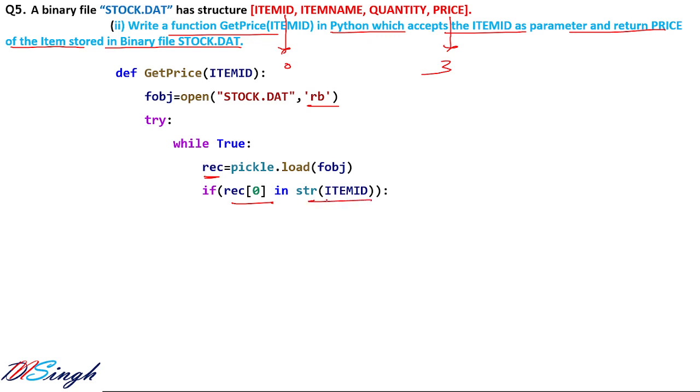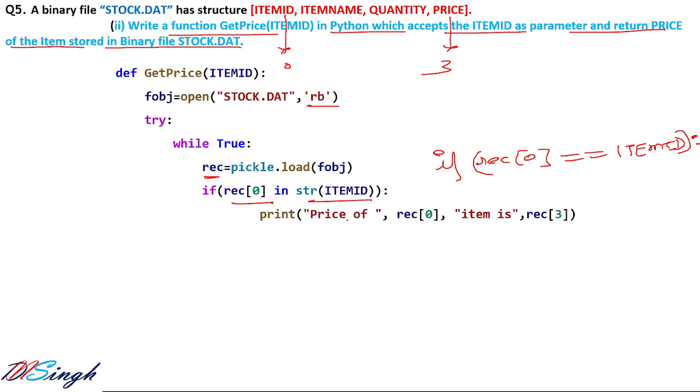They have converted it into a string, no issue, and you can also write it as rec[0] equal to item id if it is a number. If this is satisfied, then you either return the price or display the price. We print the item id and the item price, the item costs this much, and then return.